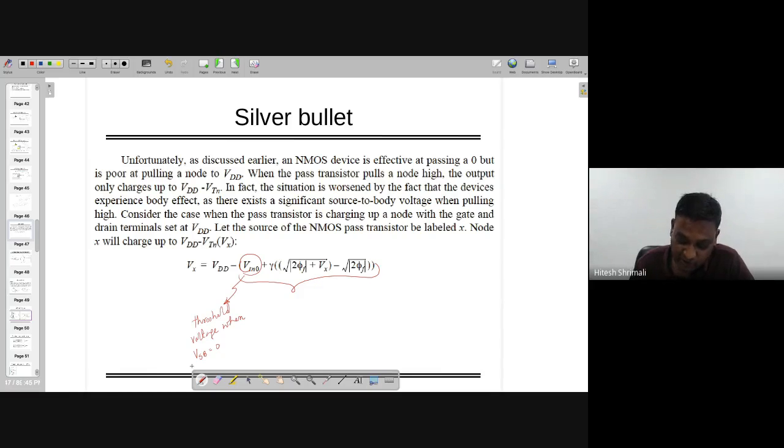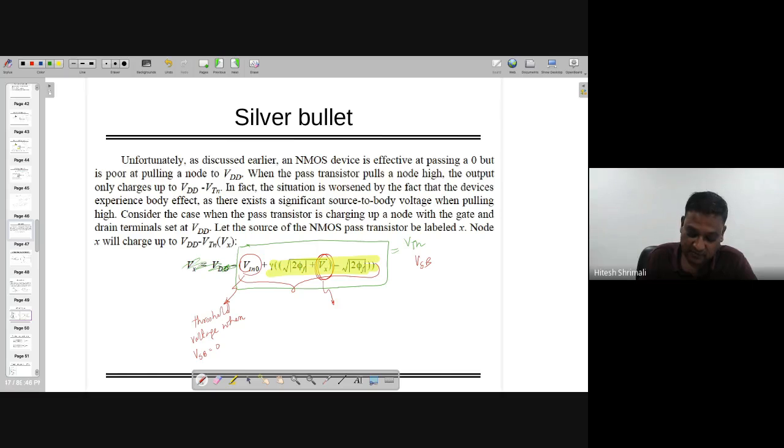If VSB is not 0, means this Vx is not 0. By the way, in the general equation, it's VSB over here. So if it is 0, then you can see that this whole part will become 0, right? By the way, I'm talking about just the first equation, which is equal to the real threshold voltage, including the body effect. So don't worry about this one.